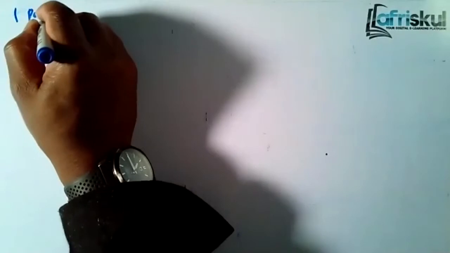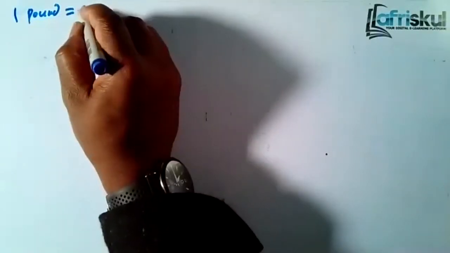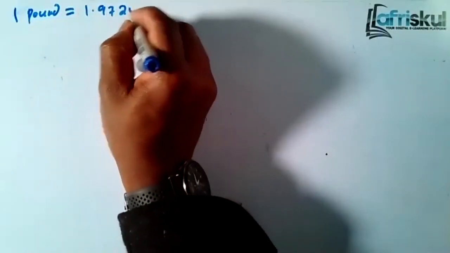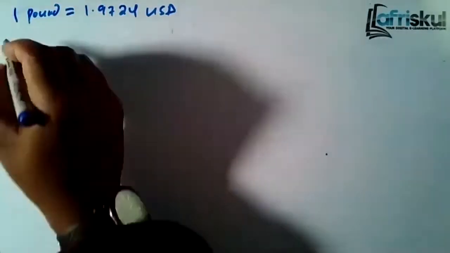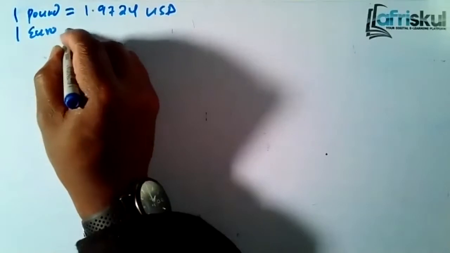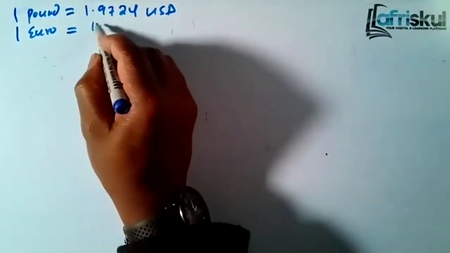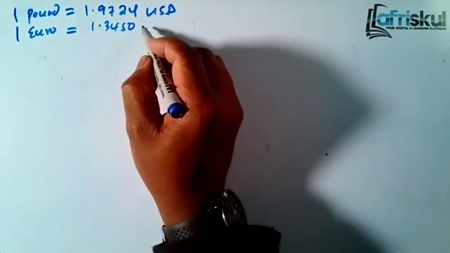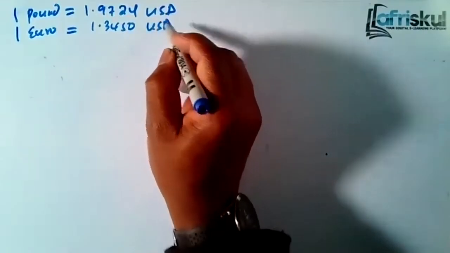So let me write those rates here. Suppose that 1 pound sterling is bid at 1.9724 US dollars in New York, and 1 euro is offered at 1.3450 US dollars in Frankfurt.